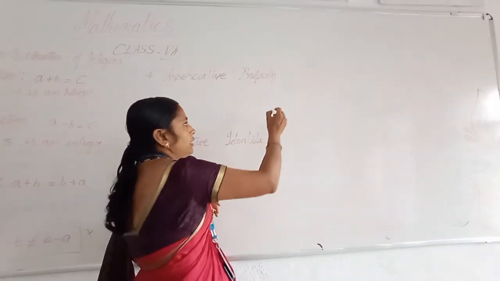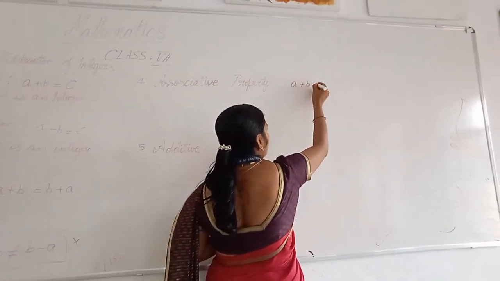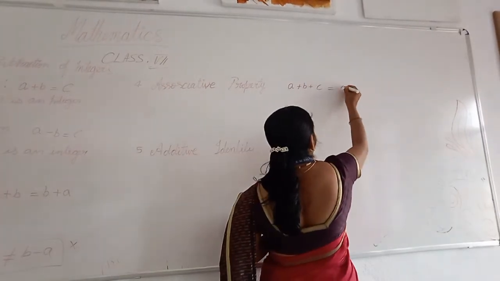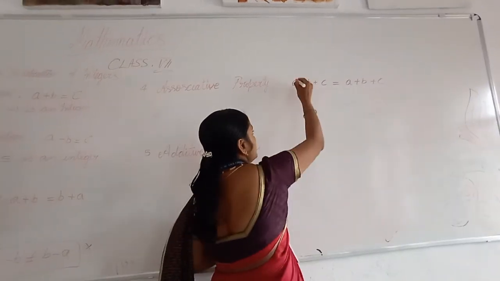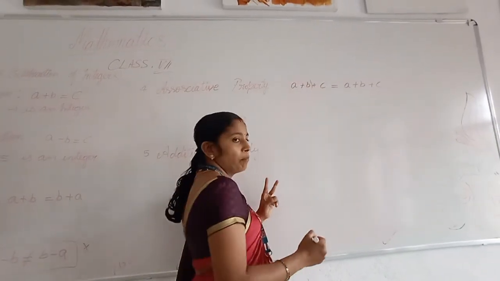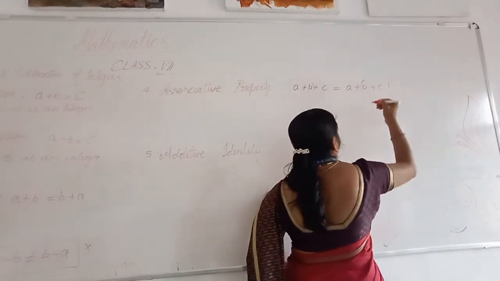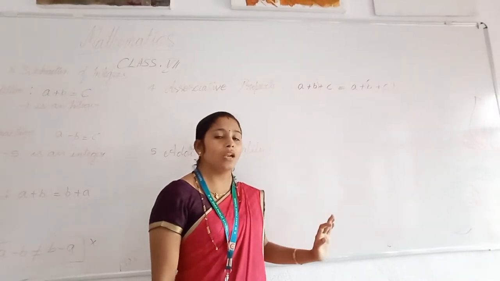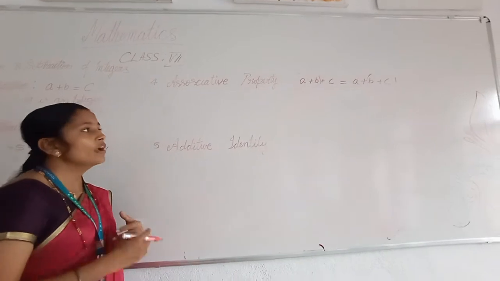For example, to remember in a general way, a plus b plus c is equal to a plus b plus c. First these two are a pair, next time these two are the pair. So if they change their pair, it is applicable in addition.